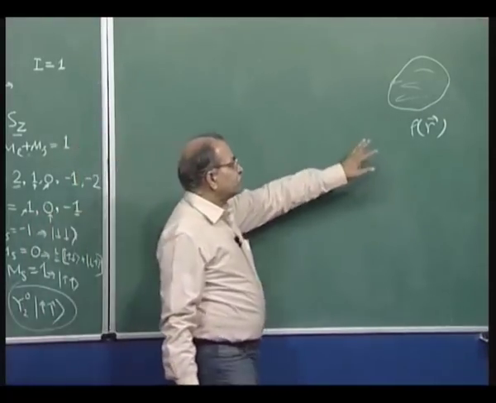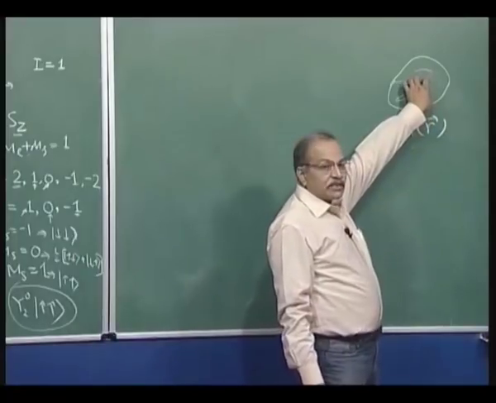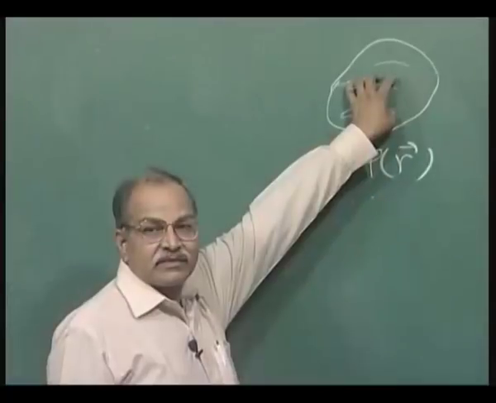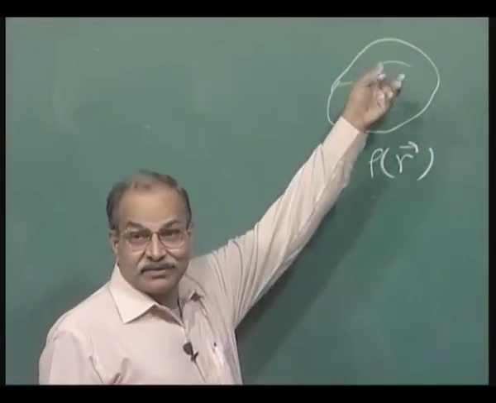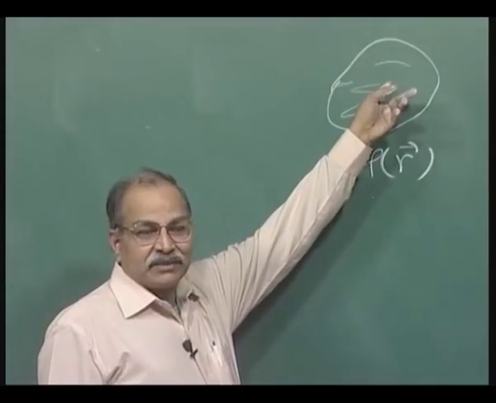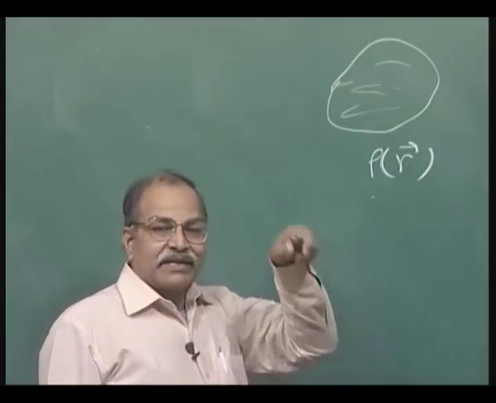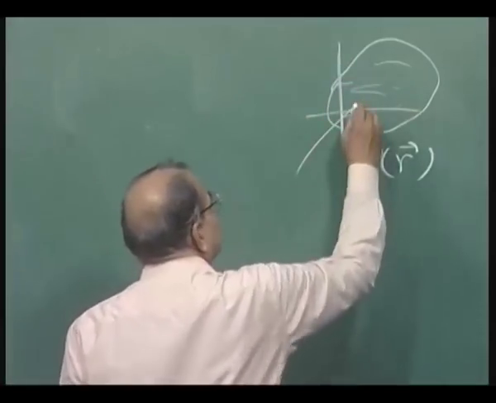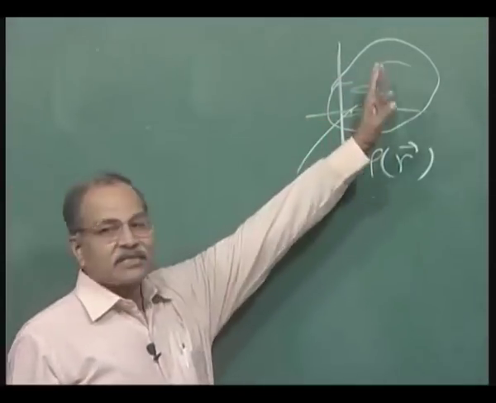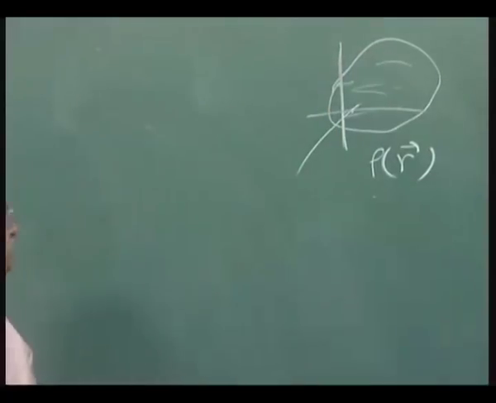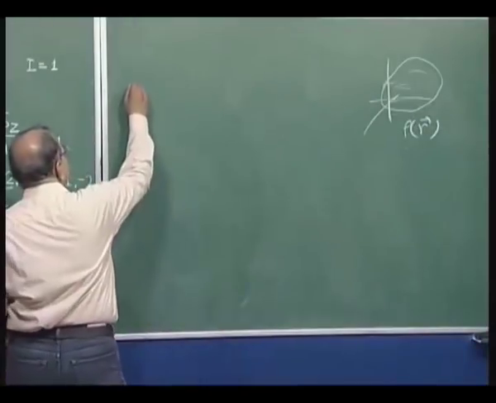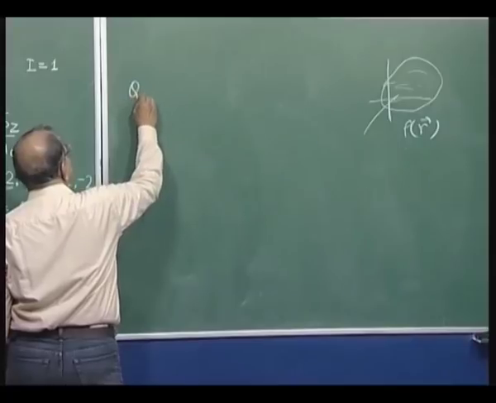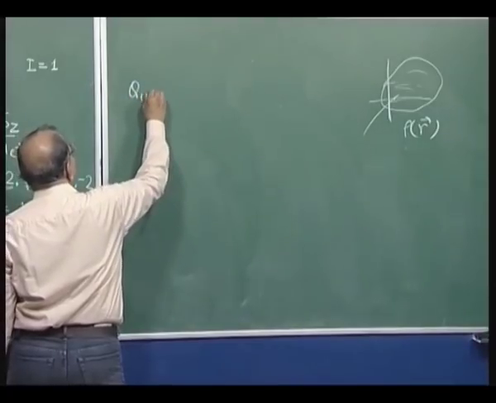Monopole moment is just the total charge contained here. Then dipole moment: you take some origin somewhere, then the dipole moment will be the integration of r vector times rho d tau. Similarly, you have the quadrupole moment, and in the quadrupole moment we define it as q i j.